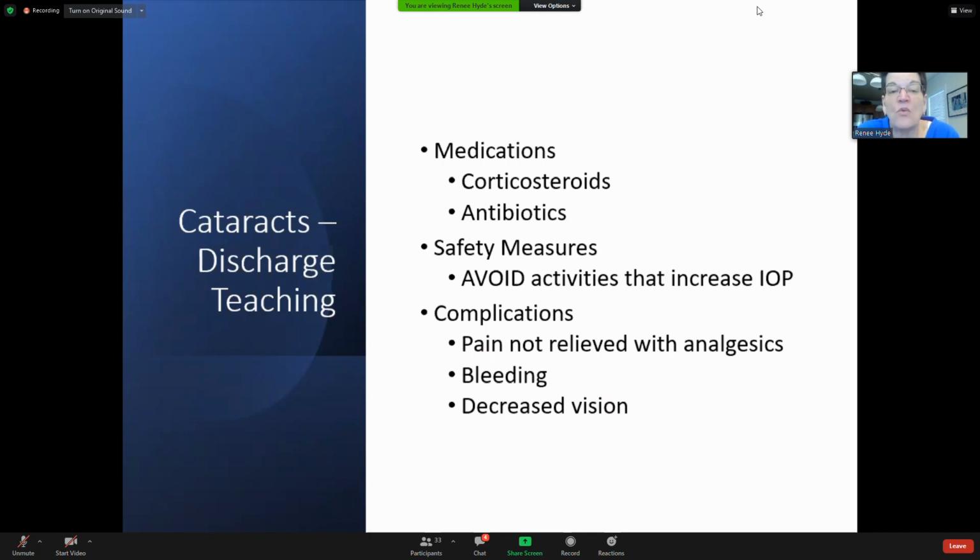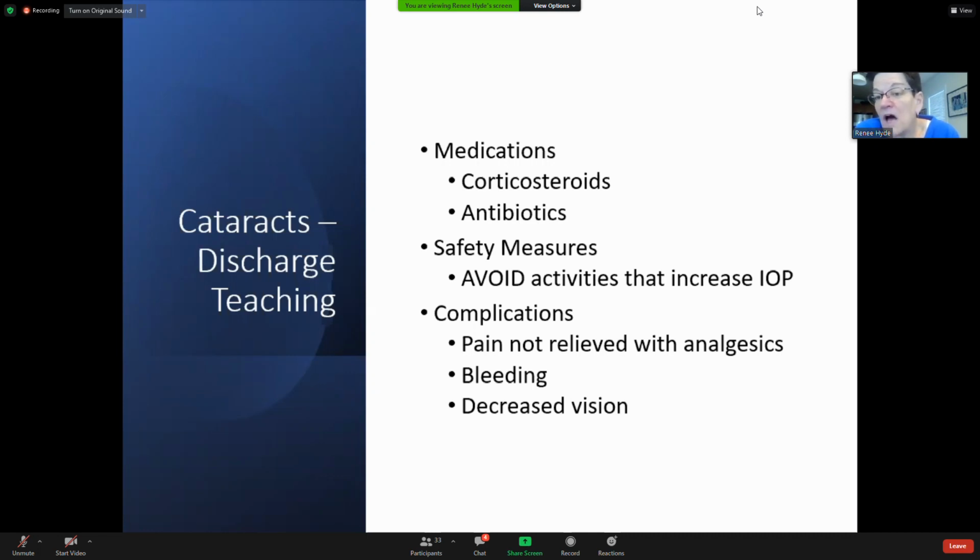One of the things that we are going to teach is that they should avoid activities that increase IOP, or intraocular pressure. Anything that causes a bearing down, like a Valsalva maneuver in order to have a bowel movement, or holding your breath, or vomiting, will raise intraocular pressure.